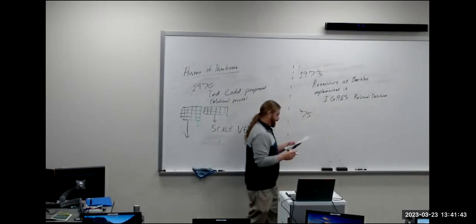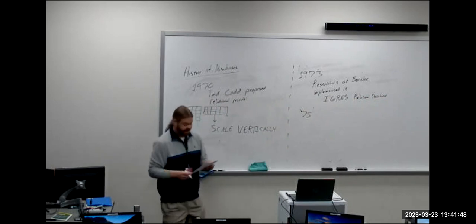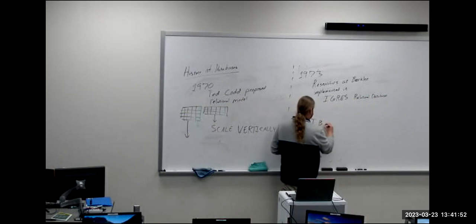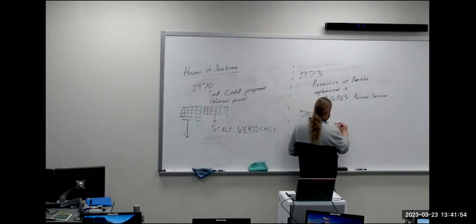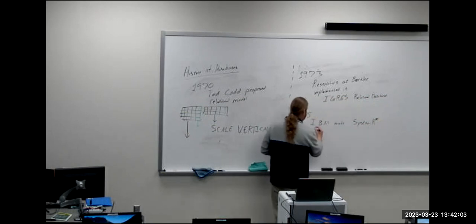In 1975, IBM finally followed through. IBM made System R, but didn't promote it.